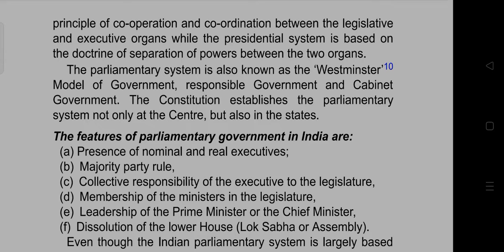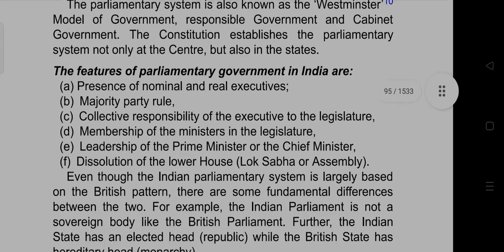The parliamentary system is also known as the Westminster model of government, responsible government and the cabinet government. The Constitution establishes the parliamentary system not only at the center but also in the states.